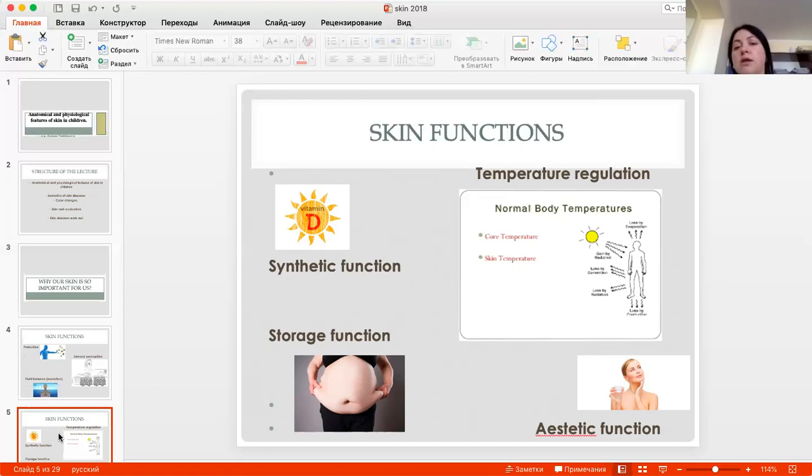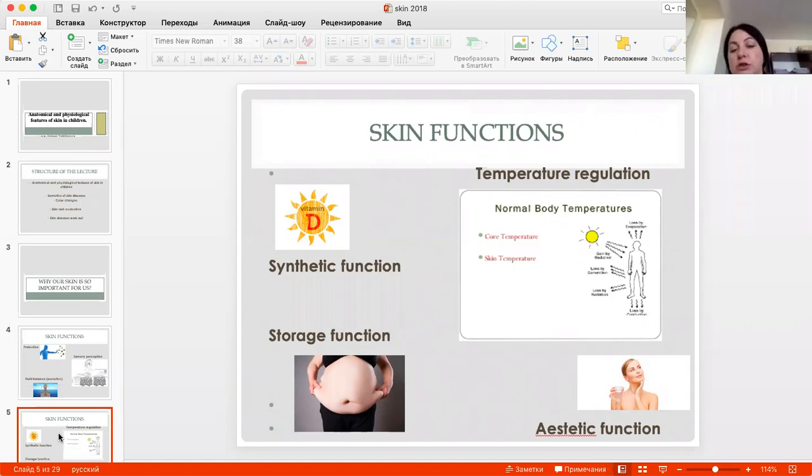That is why the function to synthesize vitamin D performed by skin is extremely important. Temperature regulation: thanks to skin, not just to skin, but mostly to skin, we are able to control the temperature of our body, which may balance our normal metabolic processes.